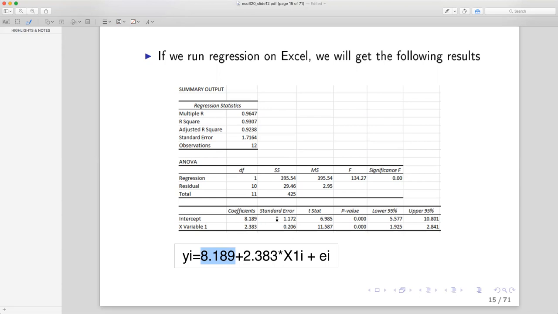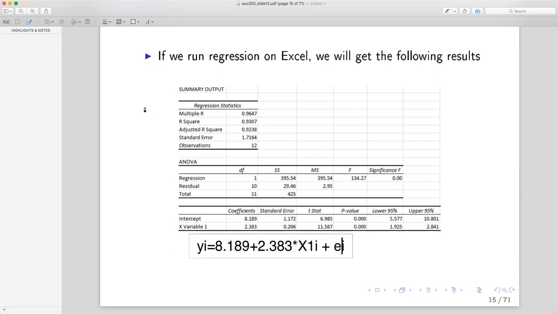Based on the standard deviation of the coefficient, you're able to get the t-stat. Do you remember the t-stat? We learned it in previous cases, and I went over it many times. The t-stat is very similar to the z-score; the idea is exactly the same. So t equals, for example, this coefficient 2.383 minus 0, over your standard error.